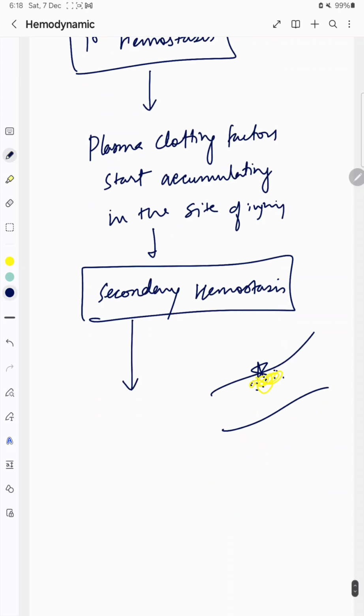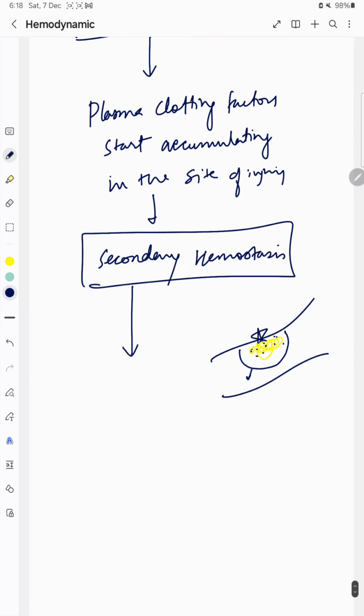To prevent the propagation of this clot or thrombus to normal sites, or from occluding the blood vessel by increasing in size, there is a counter regulatory mechanism known as anti-thrombotic mechanisms, like activation of the fibrinolytic system.